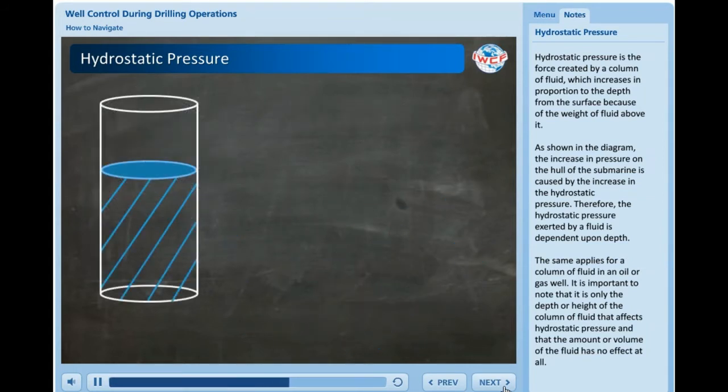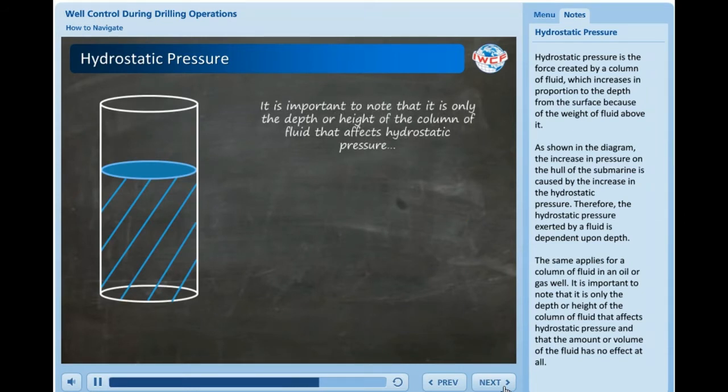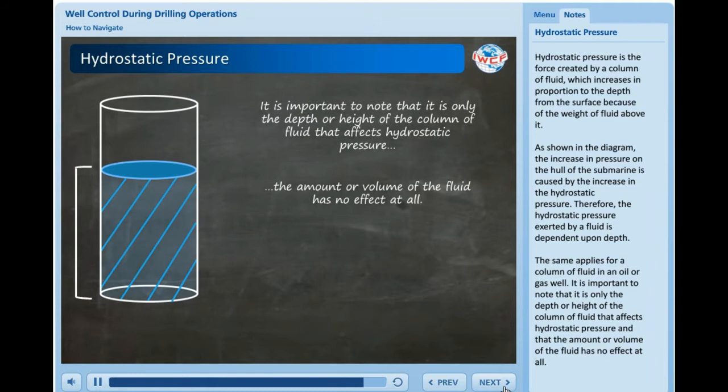The same applies for a column of fluid in an oil or gas well. It is important to note that it is only the depth or height of the column of fluid that affects hydrostatic pressure, and that the amount or volume of the fluid has no effect at all.